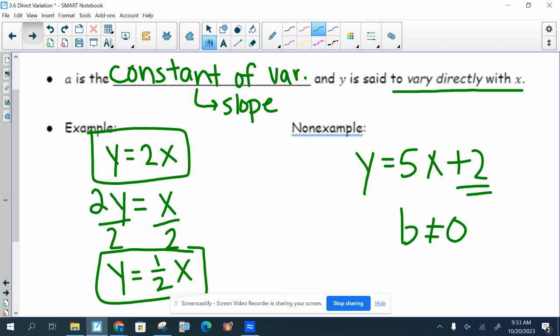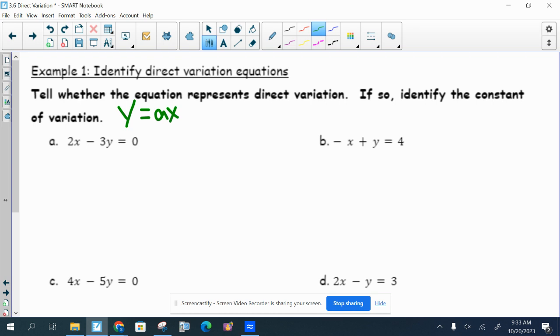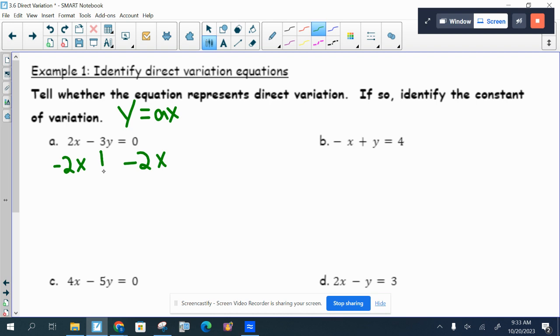So let's do some examples. Tell whether the equation represents direct variation. Our goal is to get it into y = ax form. If it can't be put into that form, then it's not direct variation. So for a, we can subtract the 2x over, and then we'll bring down the -3y.